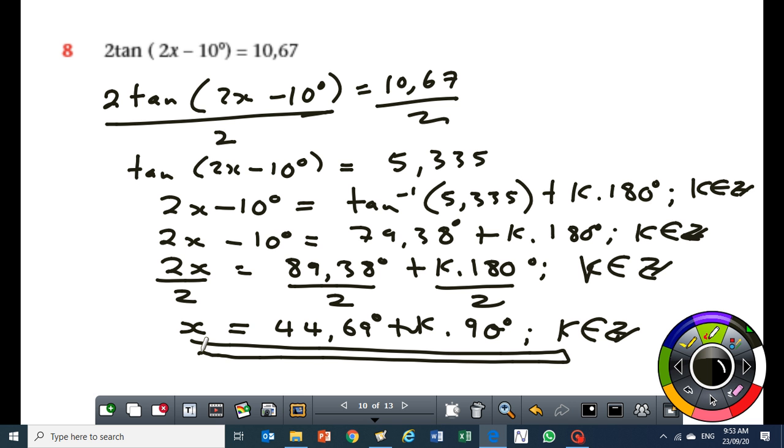You're asking, when did you get 134? I substitute, use trial and error. Remember, k is an integer, right? If I say let k equal to 1, it would be 1 times 90, which is 90, plus 44.69. So you can try it.